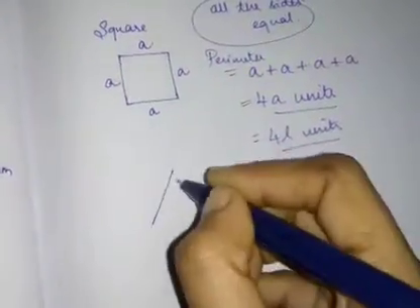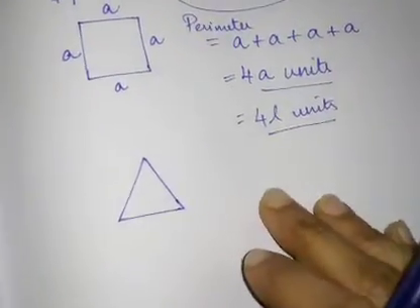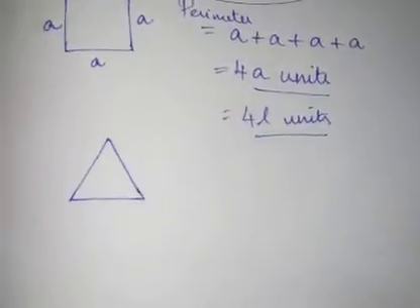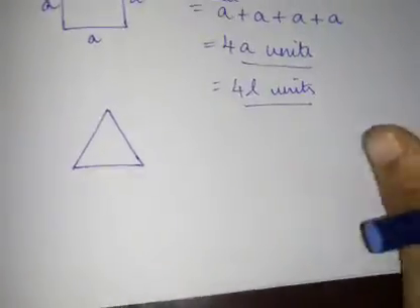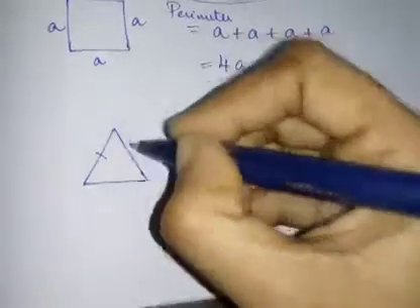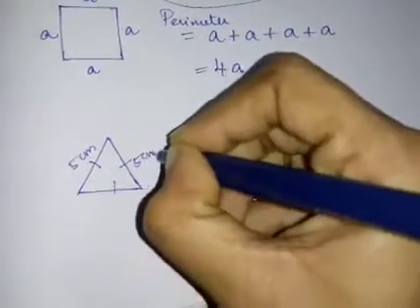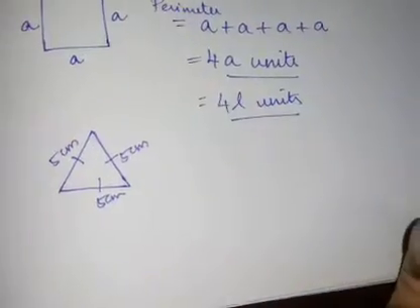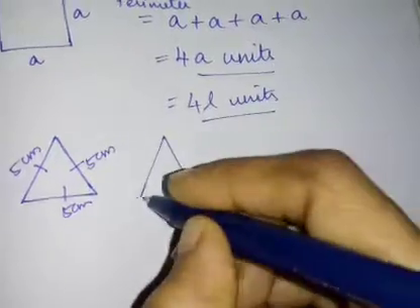Now the perimeter of the equilateral triangle. What does triangle mean? It has 3 sides and 3 angles. Equilateral triangle means all the 3 sides are equal. If this is 5 centimeter, this is also 5 centimeter, this is also 5 centimeter. That is called an equilateral triangle.